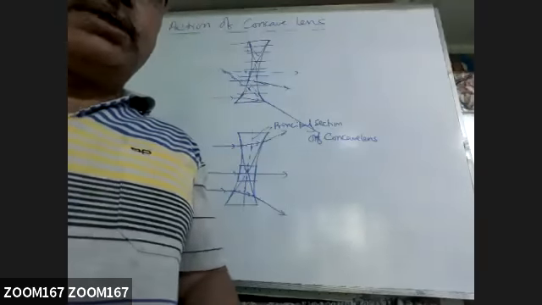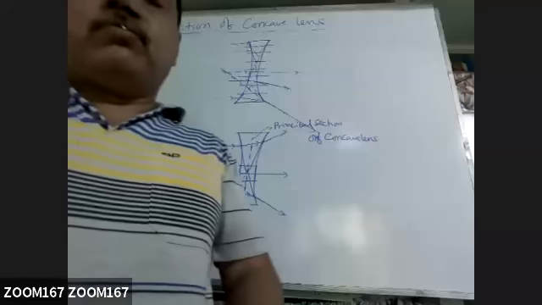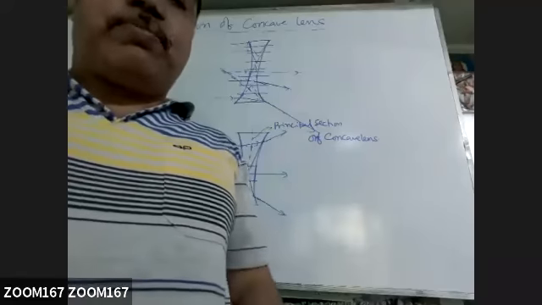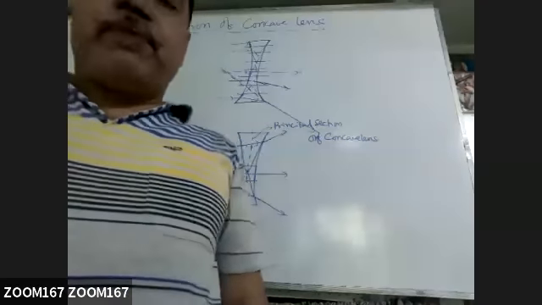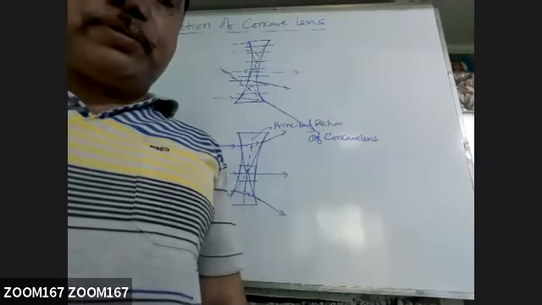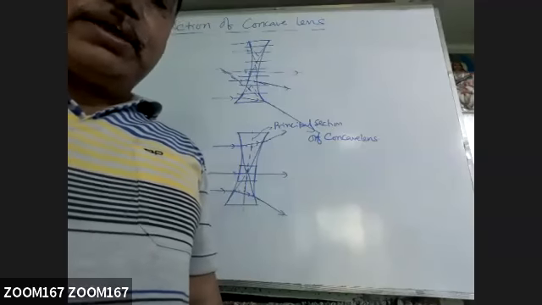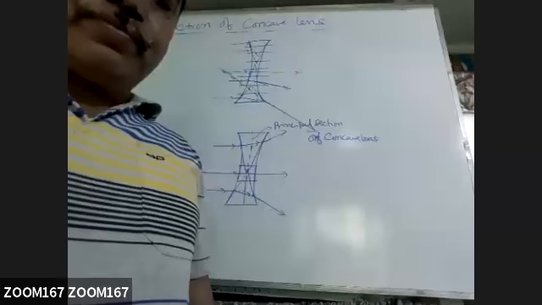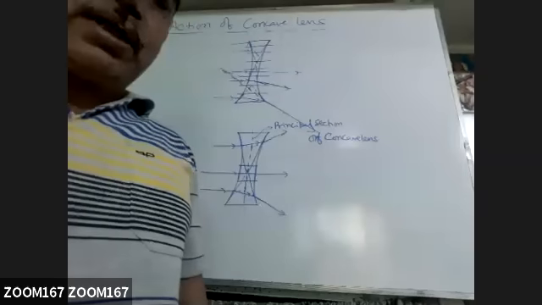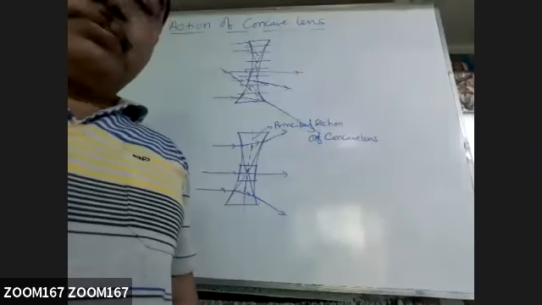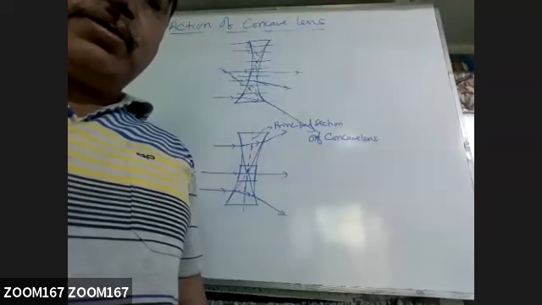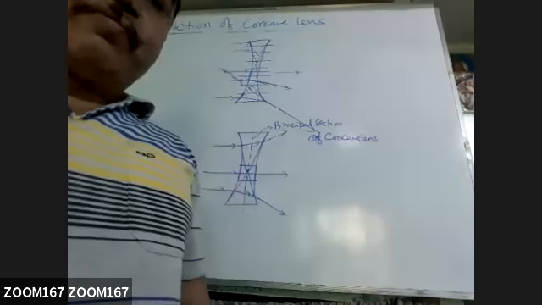Chapter 5 we have started; this test will be afterwards. So prepare for next week, maybe most probably Tuesday or Wednesday or Thursday, whatever it is, the date will be decided afterwards. So next week, any day, you will have the test.